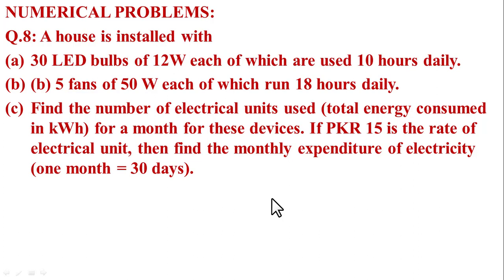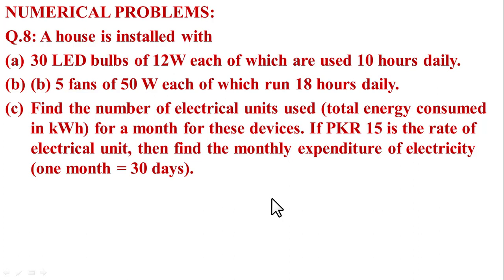If PKR, that means Rs in Pakistani rupees, 15 is the rate of electric unit, find the monthly expenditure of electricity. 1 month is equal to 30 days.